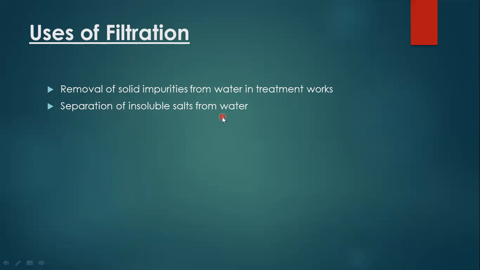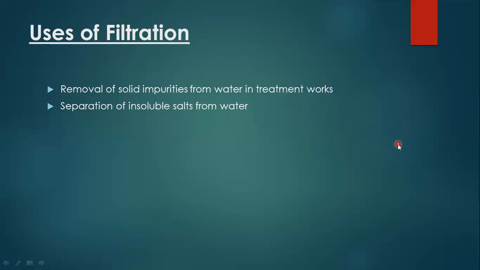Similarly, if we have a mixture that contains water and some insoluble salts, for such separations we can also use filtration. If we compare decanting and filtration, although decanting is a quicker method and filtration is a slower procedure, filtration is more effective as compared to decanting.